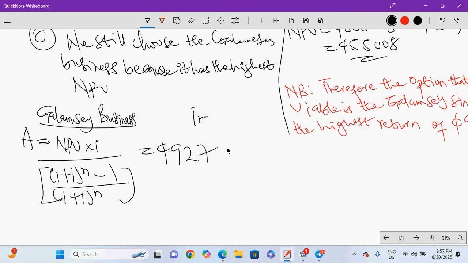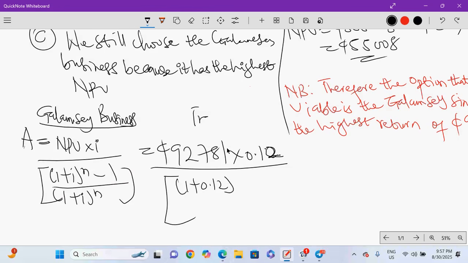So 92,781 times the interest rate, which is 0.12, all over 1 plus 0.12 to the power of n. N is giving us how many years?